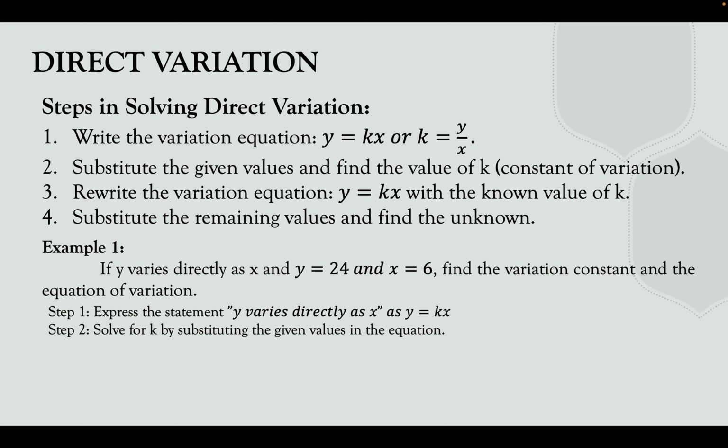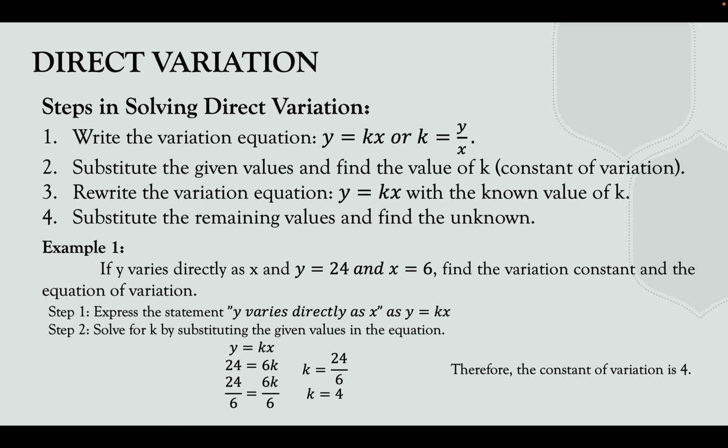Step number 2, we need to solve for k by substituting the given values in the equation. So we have y equals 24 and x equals 6. So we have here 24 equals 6k. Divide both sides by 6, we will get k equals 24 divided by 6. So 24 divided by 6, we have our constant of variation equal to 4.